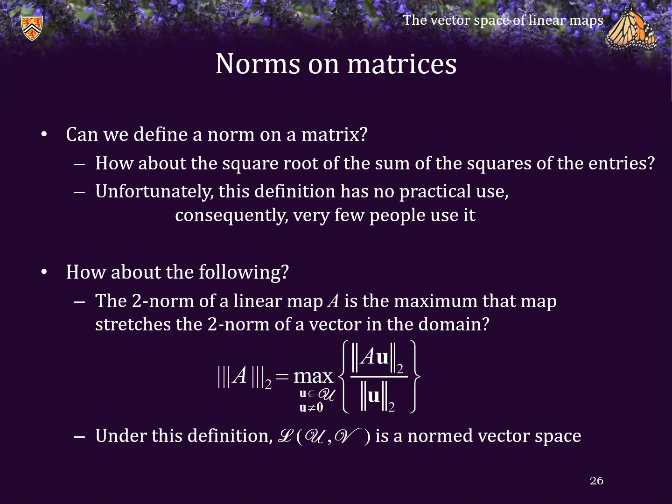So under this definition, if this norm does not go to infinity, the vector space script L of all linear maps mapping a vector space U onto a vector space V is a normed vector space.